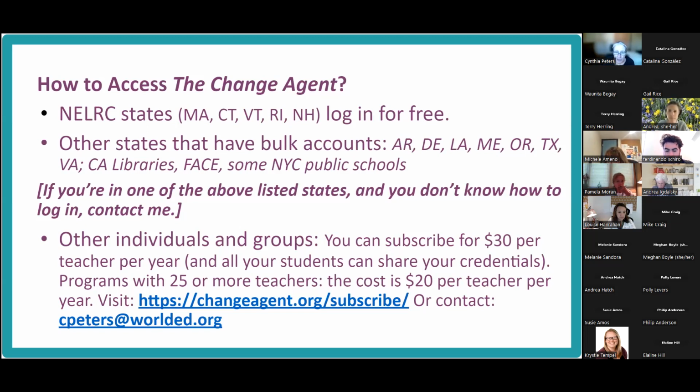There's lots of other states that have bulk accounts. They are Arkansas, Delaware, Louisiana, Maine, Oregon, Texas, Virginia, California libraries, the FACE programs, and some New York City public schools. So if you're in any of those states or regions, you would need to email me. If you don't already know how to log in, you would need to email me to find out, and I'll put you in touch with the right people.